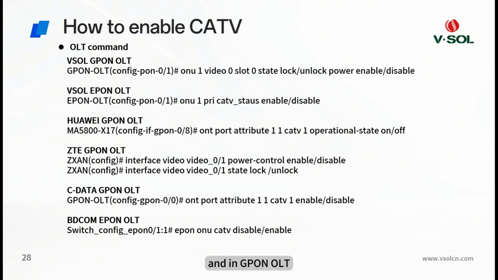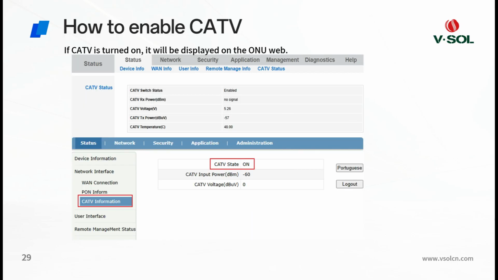In GPON OLT, it is defined, so most GPON OLTs are able to control it. On the ONU webpage, you can see the status of the CATV and the basic parameters.